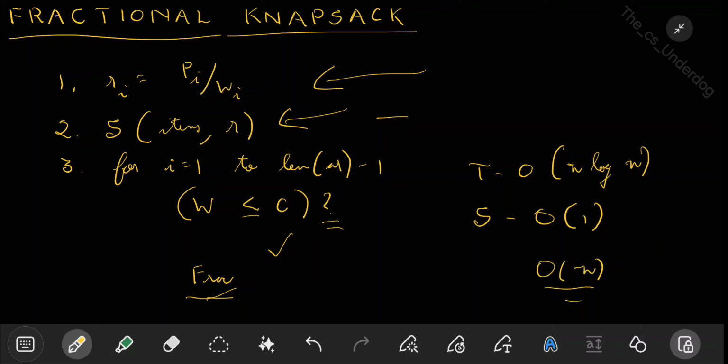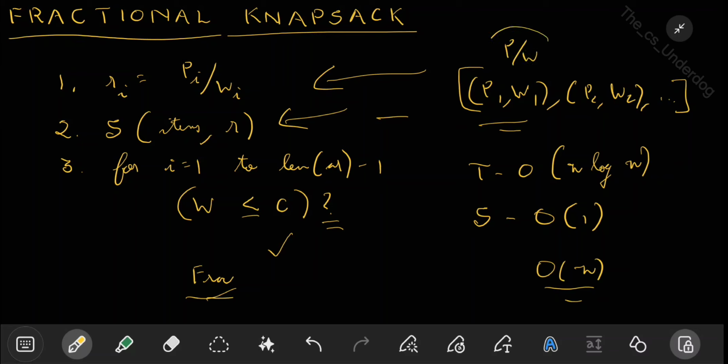But you have an option. Let us say in the input you have a tuple array. This array will have profit and weight, P1 W1, then P2 W2, such that there will be tuples of profit and weight. If this is the input array you are having, what can you do? You can simply write a sort function, and this sort function can do the comparison of elements based on P by W, the profit by weight ratio.